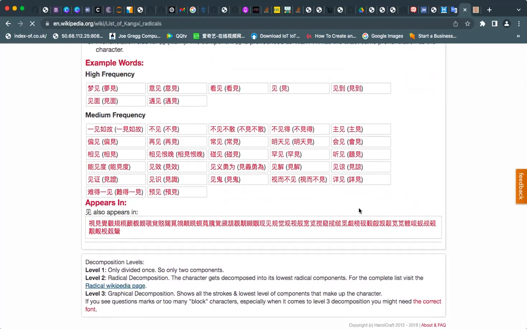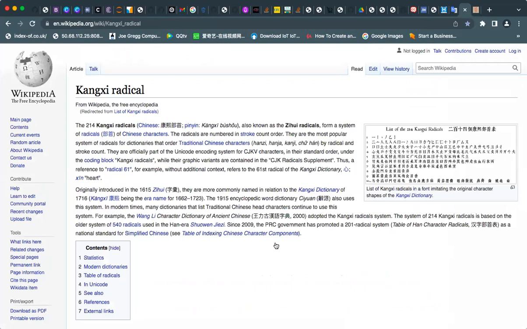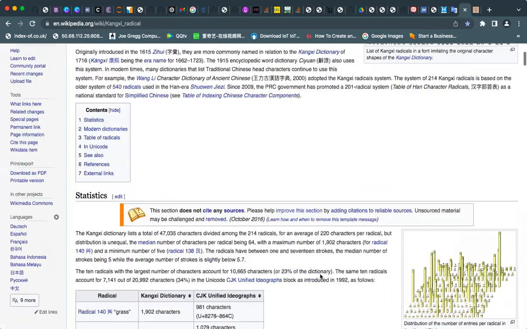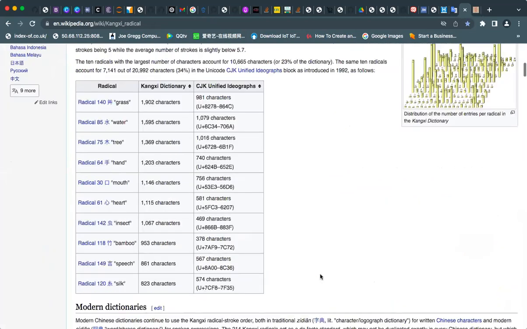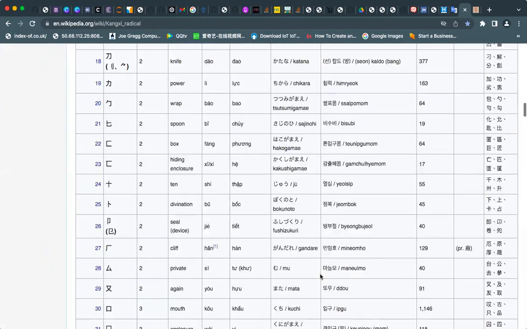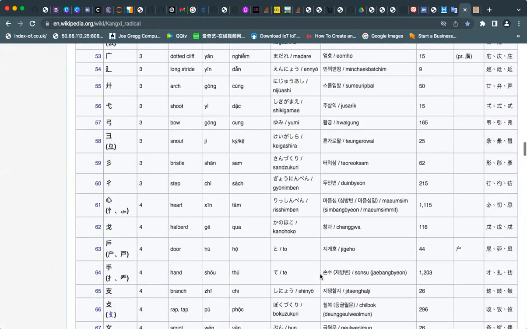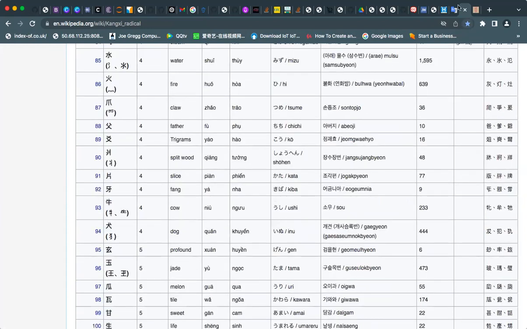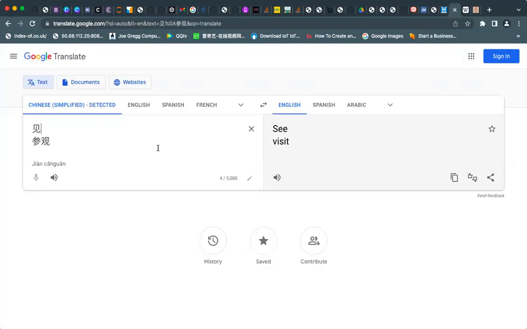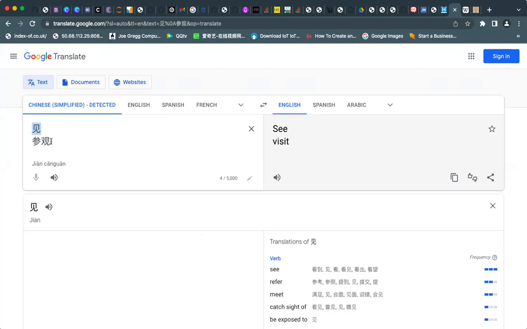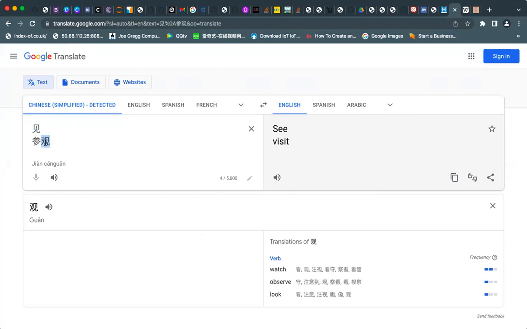What I needed you to see was the whole list of articles. Anyway, there are just too many. But the point I was trying to drive home was that Jian is the same part you see here in Guan. You see over here.